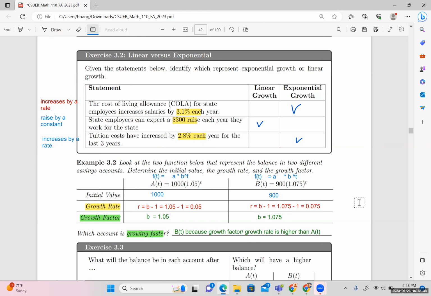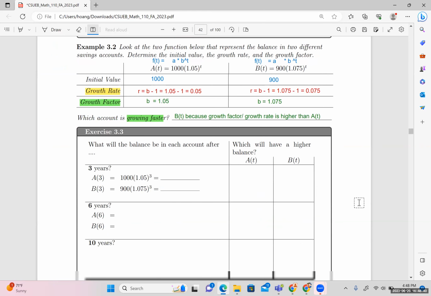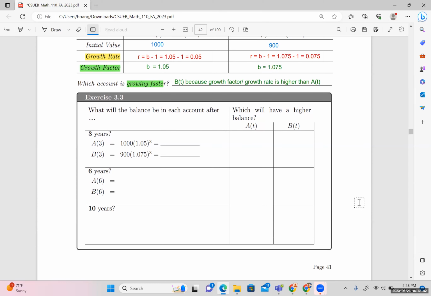Okay, so I would like to let you try on this one. You can try to fill this out and check with my work after you finish it.